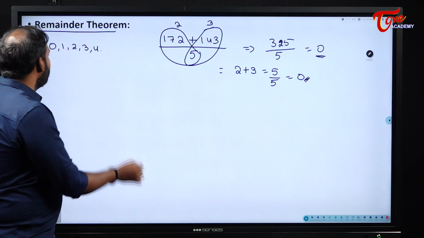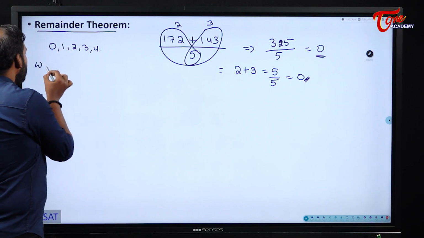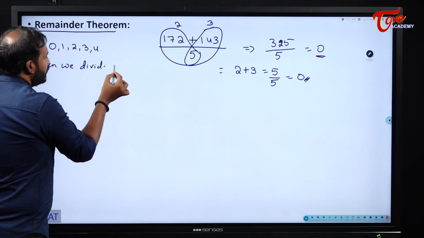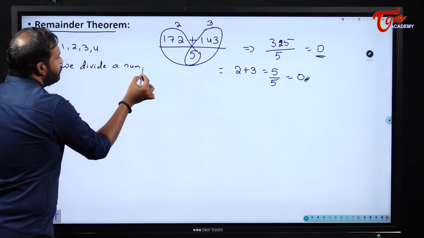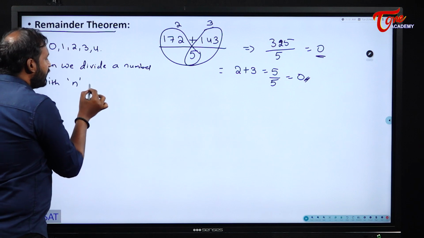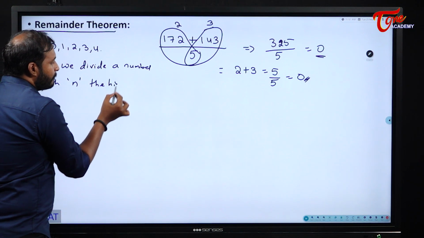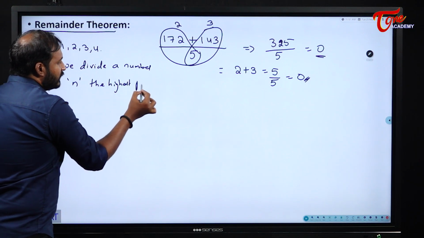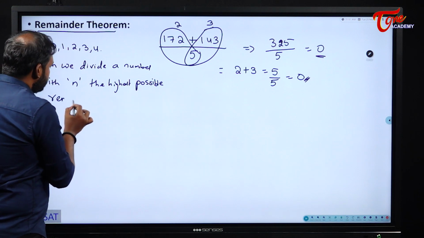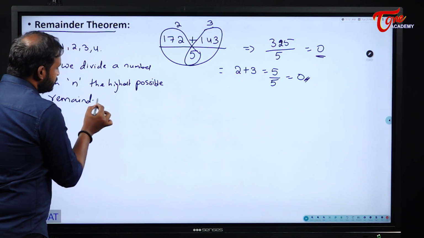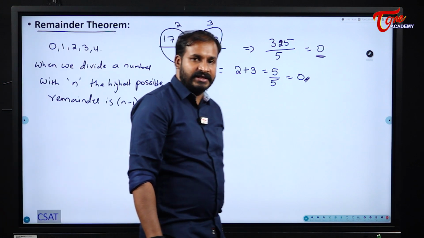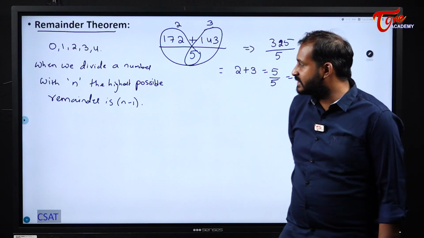So when we divide a number with n, the highest possible remainder will be n minus 1.